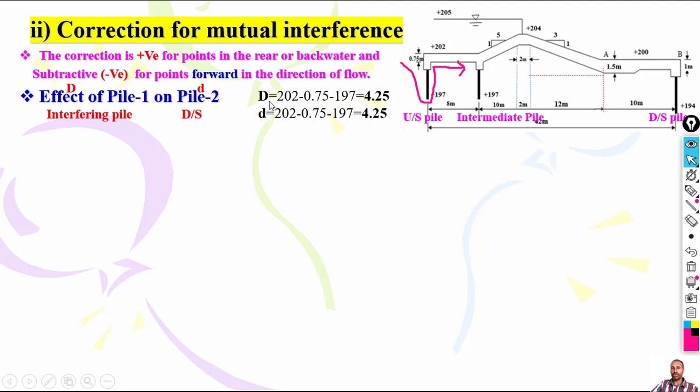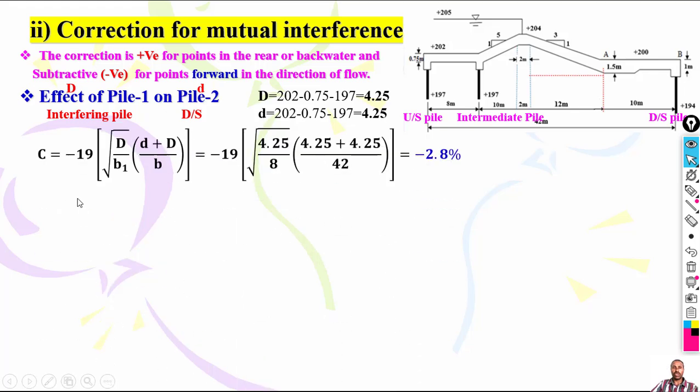Capital D will be 202 minus 0.75, which is the thickness of the floor, minus 197, giving 4.25, and small d will be computed the same way: 202 minus 0.75 minus 197. For d, elevations are given, so you have to compute. Let's see now.